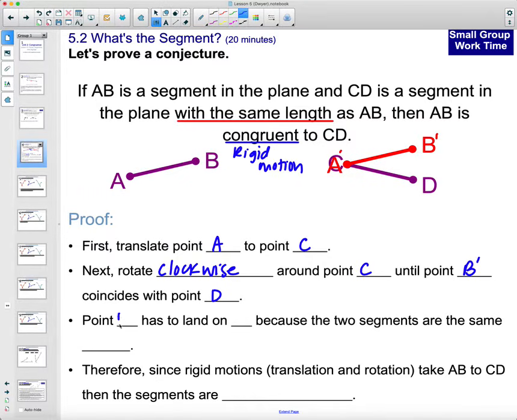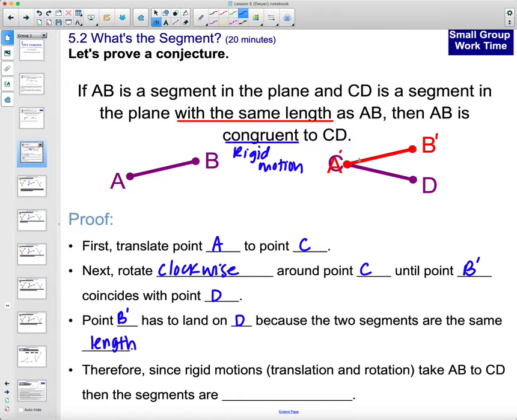What can you say to convince me? Okay, so point B prime has to land on D. Why? Because the two segments are the same length or distance from C, which guarantees that they're going to land on each other.